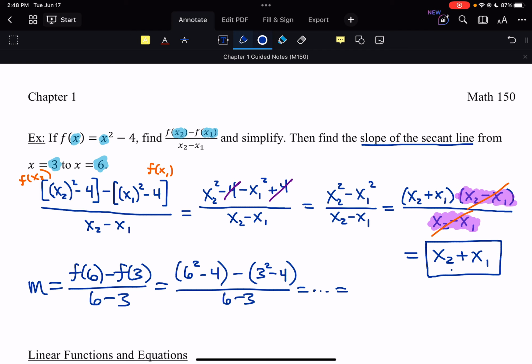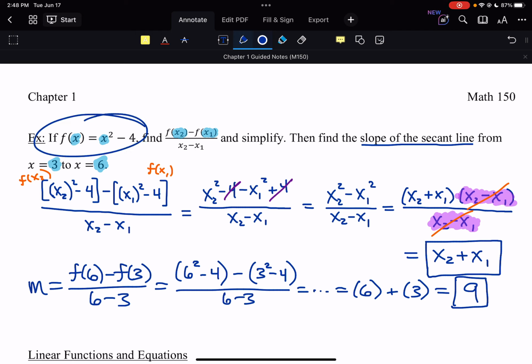We got x2 plus x1. x2 is 6 plus x1 is 3. And that gives us 9.